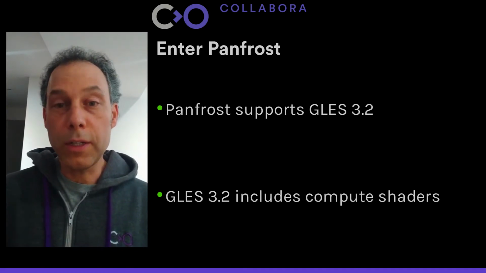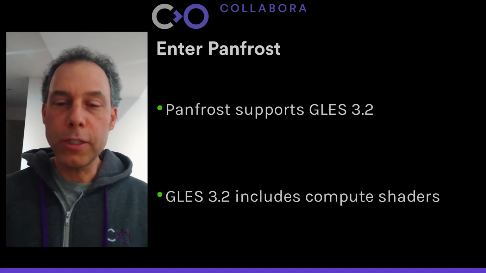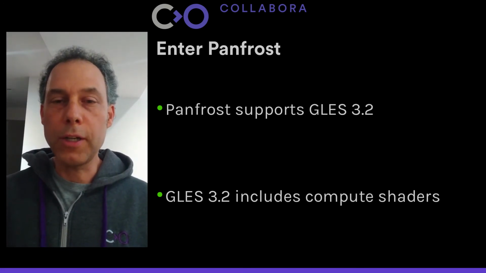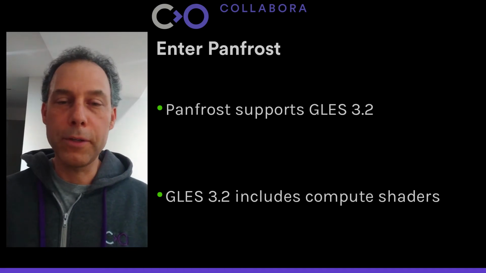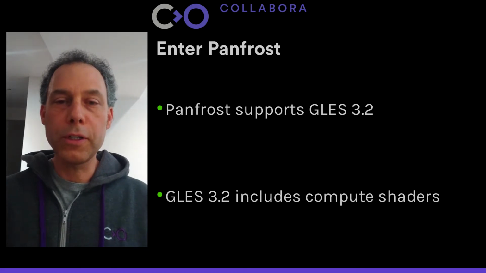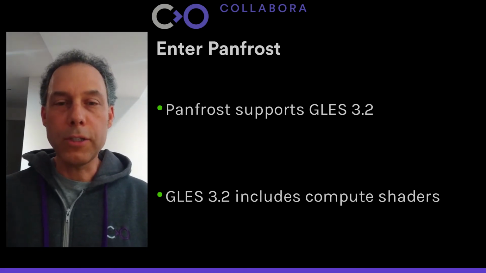So Panfrost is a relatively young project, and just as we were launching our project for the OpenStack, Panfrost introduced a new feature, which was support for GLES 3.2. So GLES is an embedded version of the OpenGL graphics language, and 3.2 is the first version of GLES that supports compute shaders.